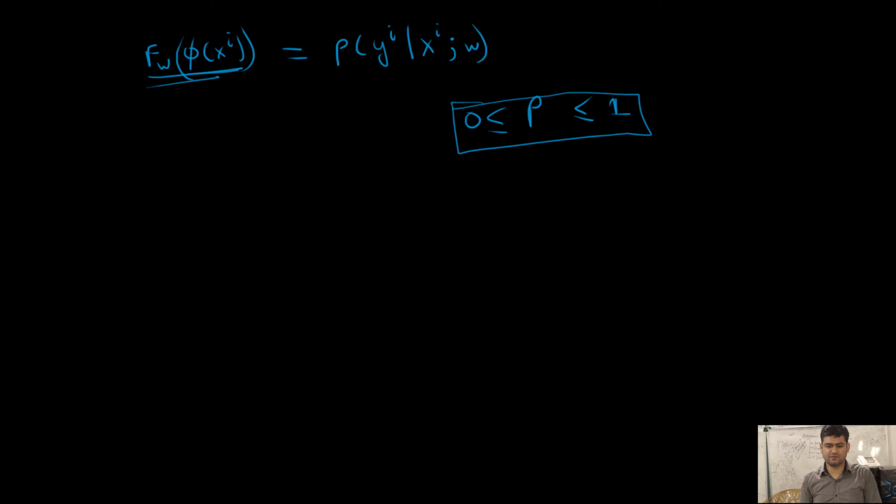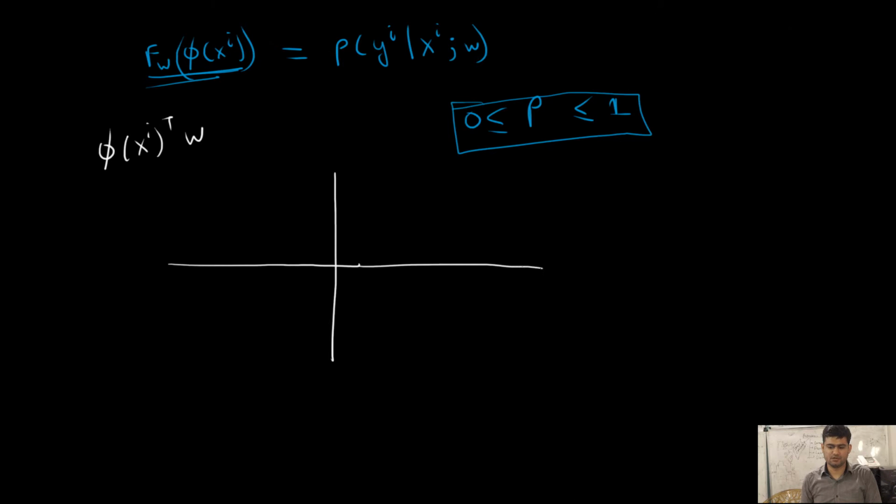In linear regression, we consider this functional mapping to be phi of xi transpose times w. That is, the function was linear in its argument. So this kind of function is not bounded. For example, we can plot the response of the function with respect to its input feature. Assume phi is a scalar. This is phi on the x axis and this is f of phi. Since this is linear, the range of this function is from negative infinity to positive infinity.